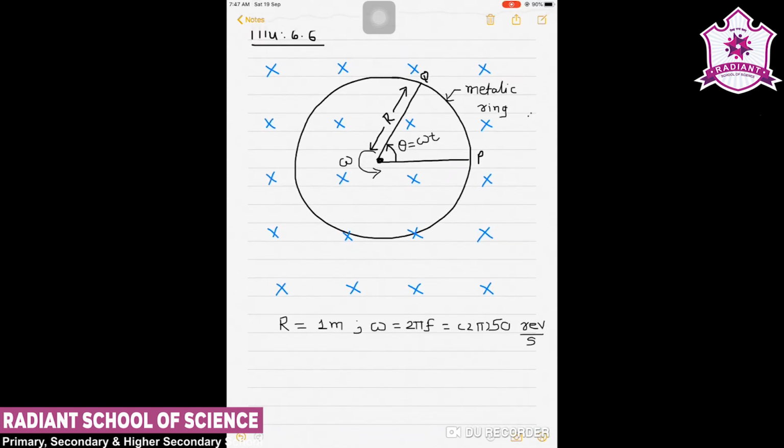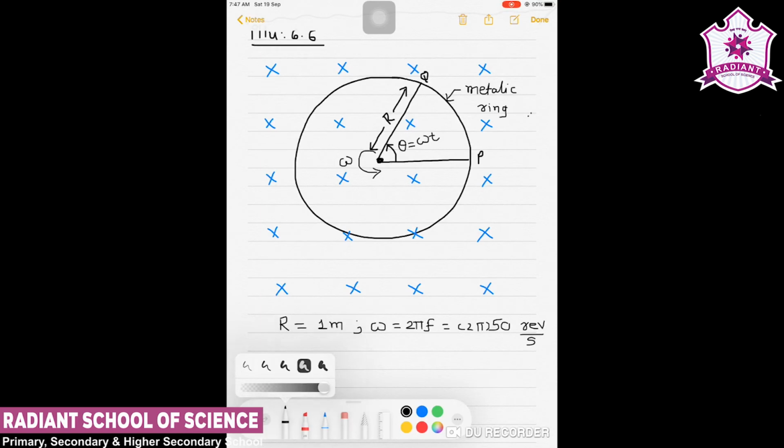A constant and uniform magnetic field of 1 Tesla parallel to the axis is present everywhere. Here the blue line represents this magnetic field, B equals 1 Tesla, prevailing everywhere. Then we are asked what is the EMF between the center and the metallic ring. So the EMF produced over here is what we have to find out.